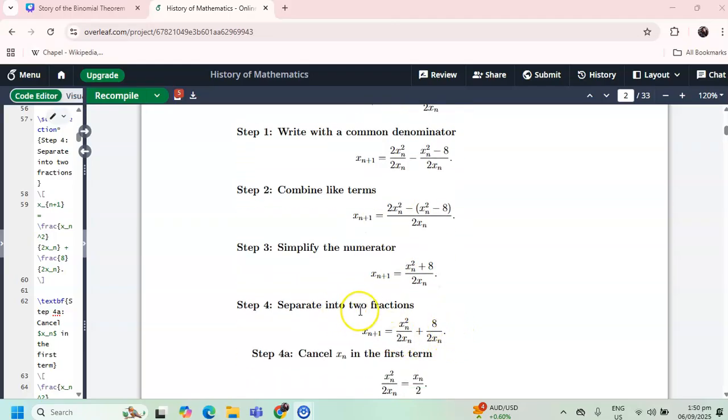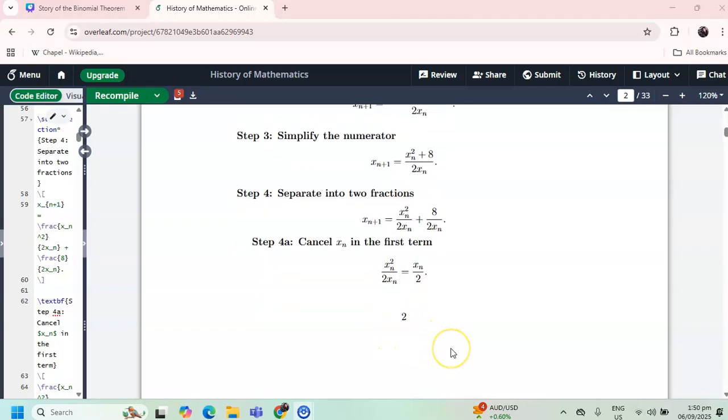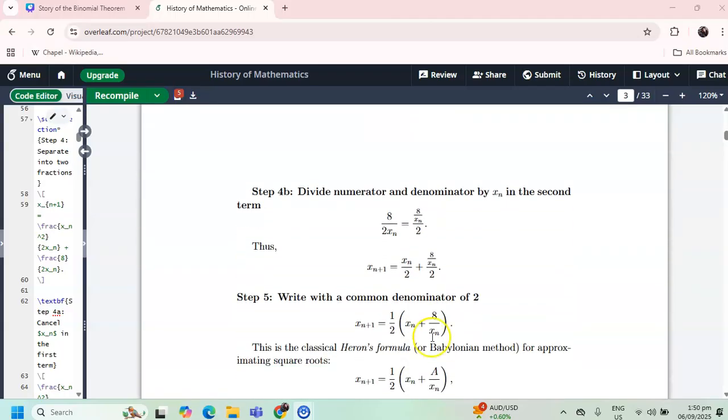Next, we separate into two fractions so we can work one term at a time. For the first term, we just cancel x, so we have x over 2. For the second term, we divide the numerator and the denominator by x, so we have 8 over x all over 2. Thus, the new approximation is equal to x over 2 plus 8 over x over 2.